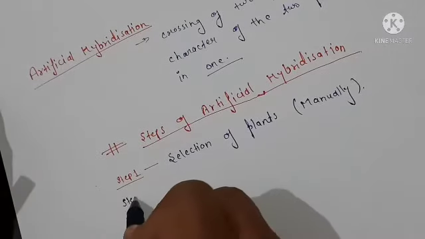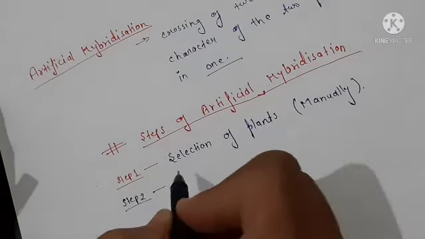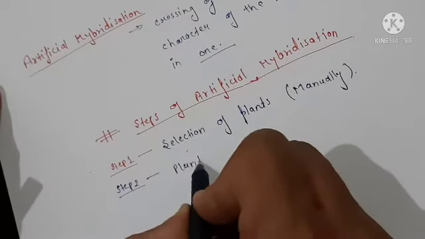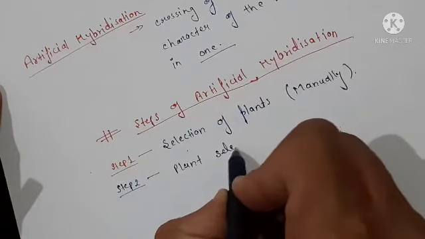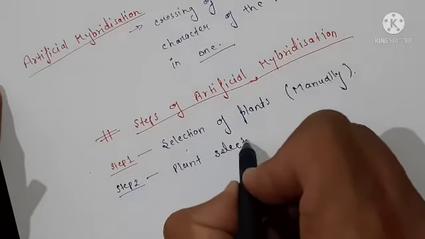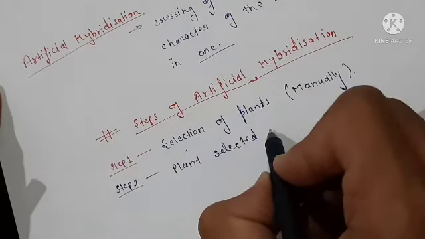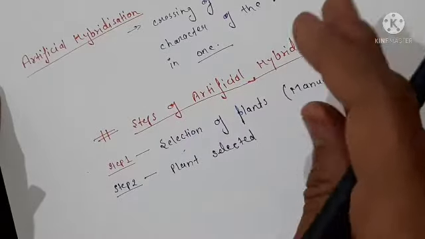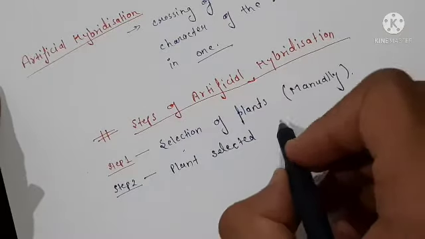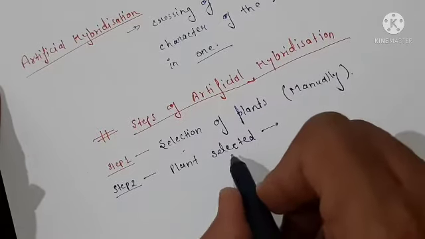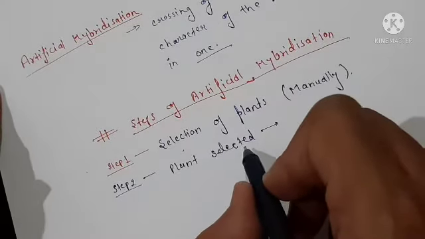In step second, what will happen? Plant selected. What will we do after the plant is selected?